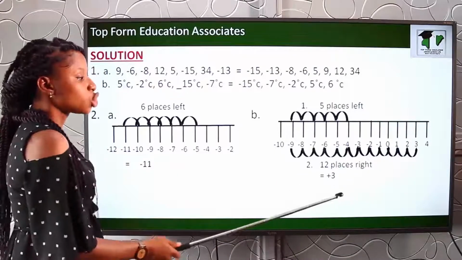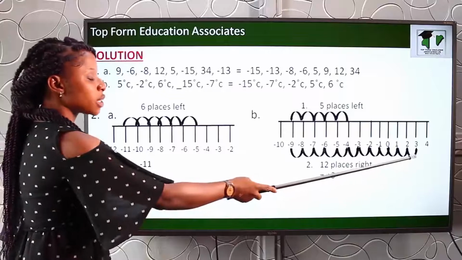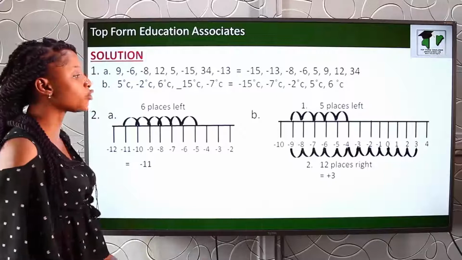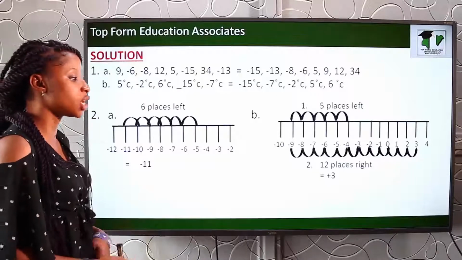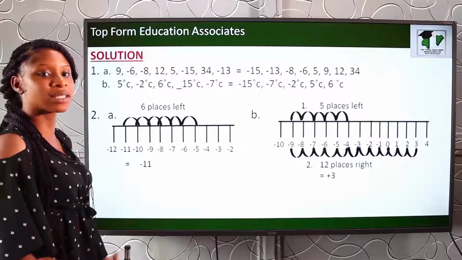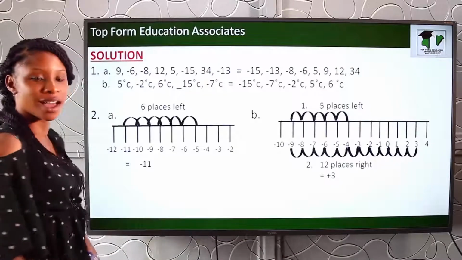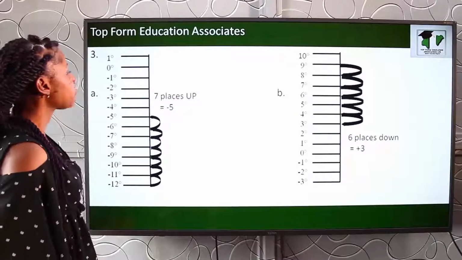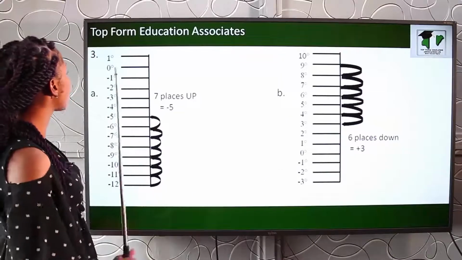You see that? We counted 12 places to the right, and our answer is 3. So in essence, minus 4 minus 5 plus 12 will give us plus 3 or 3. If you got that answer correct, please put your hands together for yourself. You did very well.